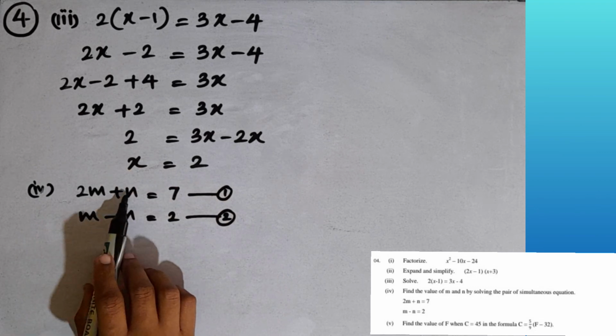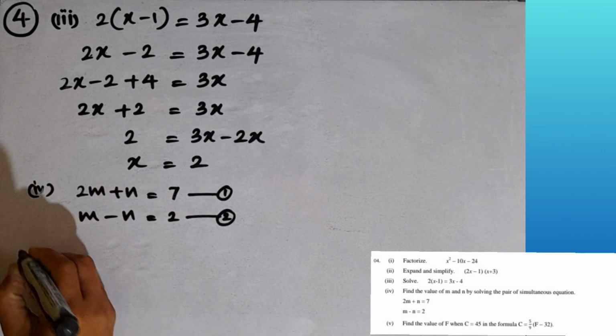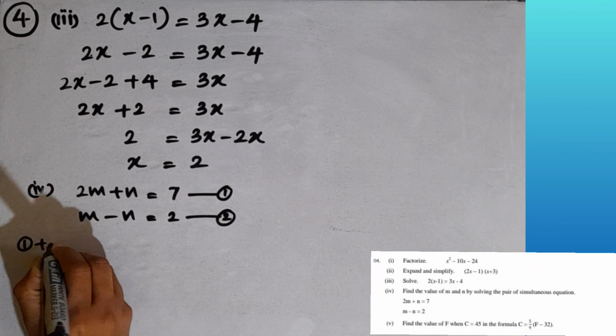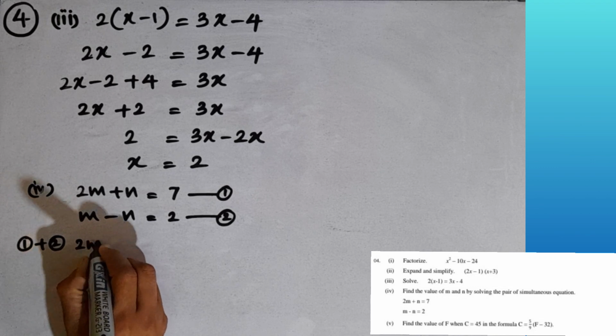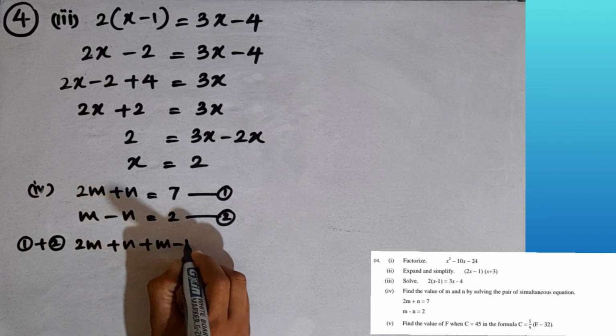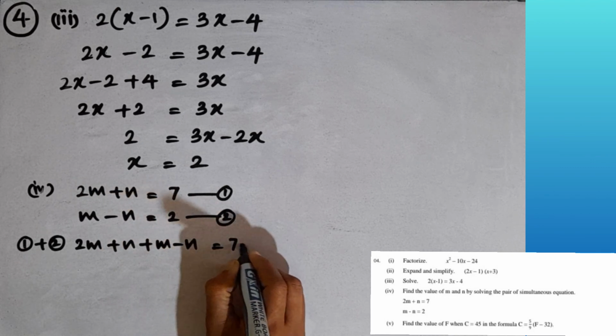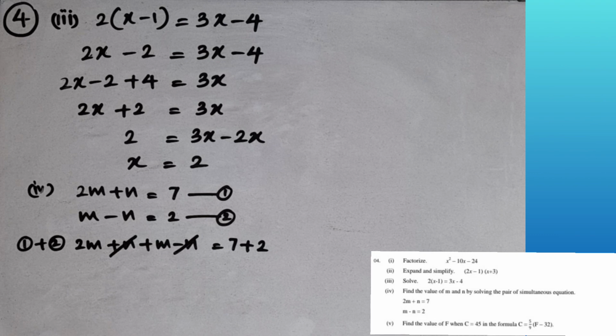As we have plus n and minus n here, we can add the two equations, 1 plus 2. Left hand side, 2m plus n plus m minus n equals 7 plus 2. Plus n and minus n can be cancelled.